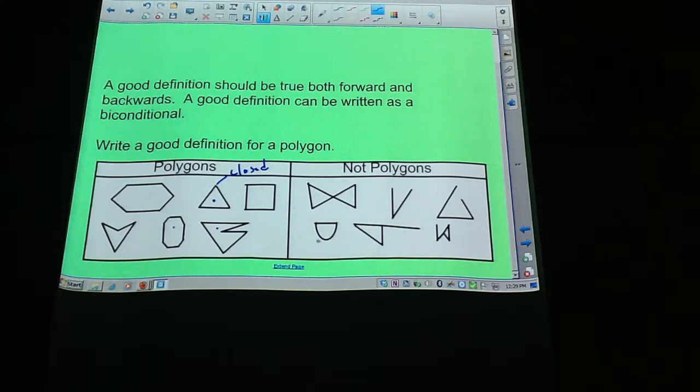Another thing I noticed is that all of these have straight sides. This one here is a rounded side. So I might want to include something of that, and notice that this overlaps, so sides cannot overlap, because none of these are overlapping.